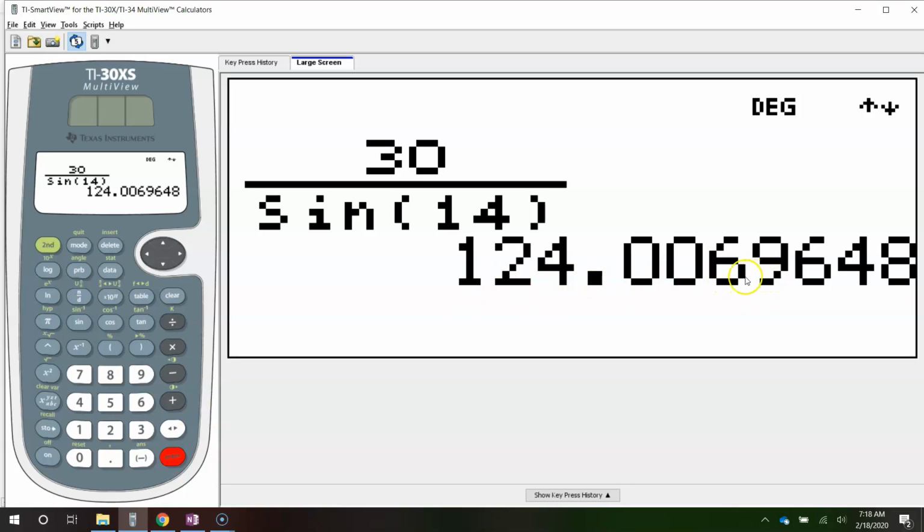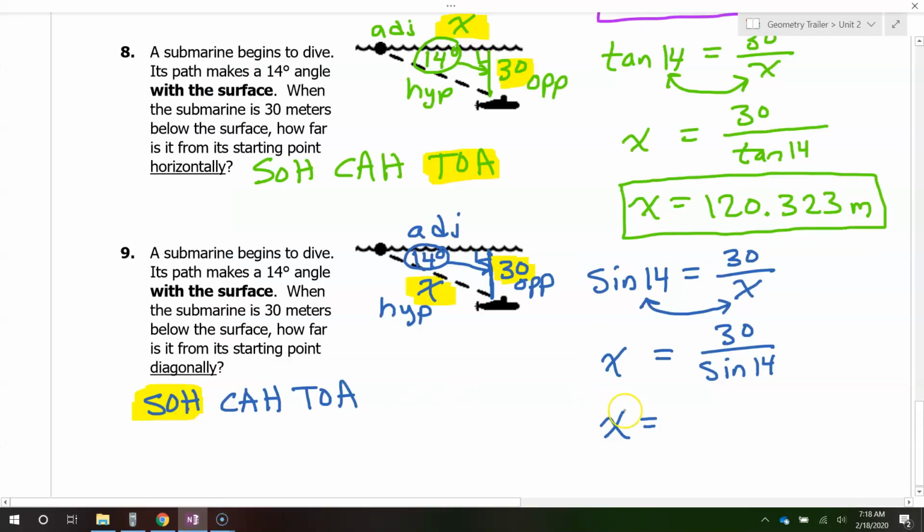Got to round up. And the units, lest we forget, meters. For full credit, be sure to include the units on these word problems.